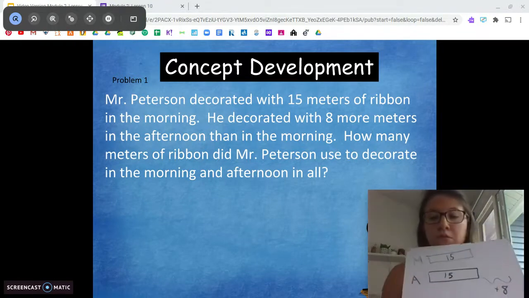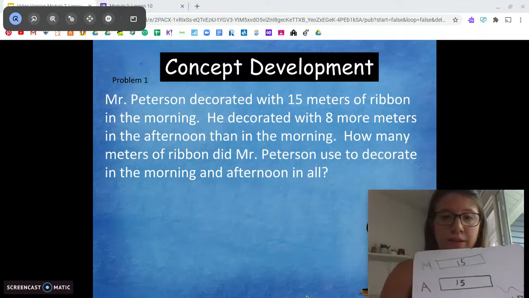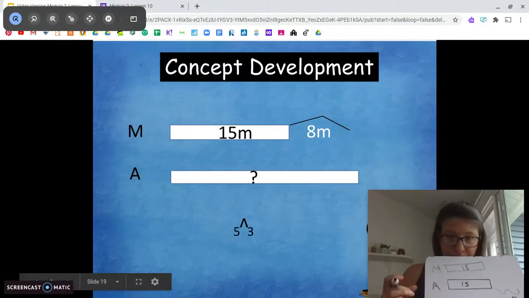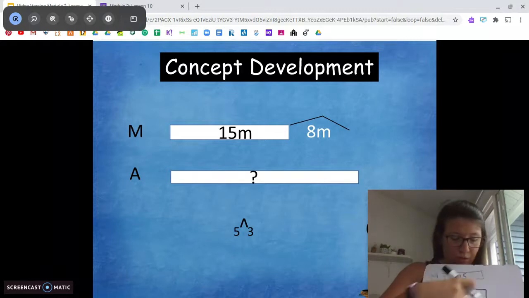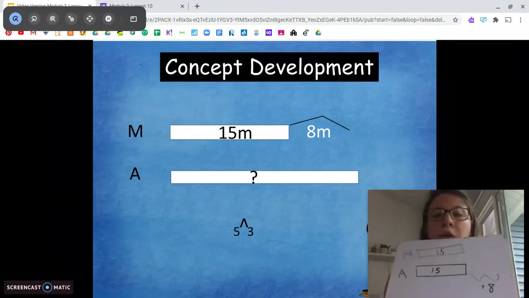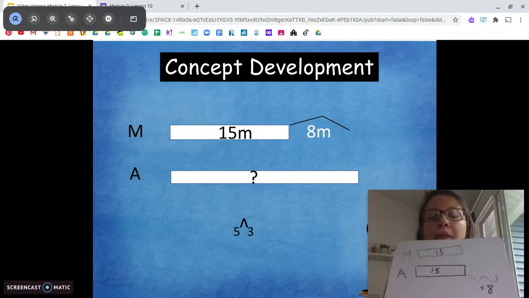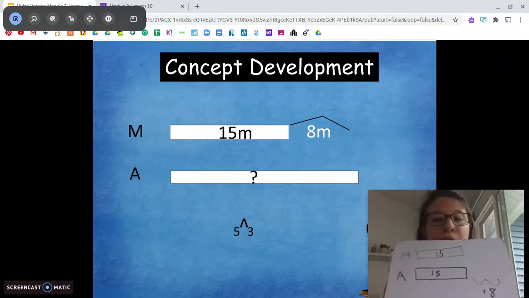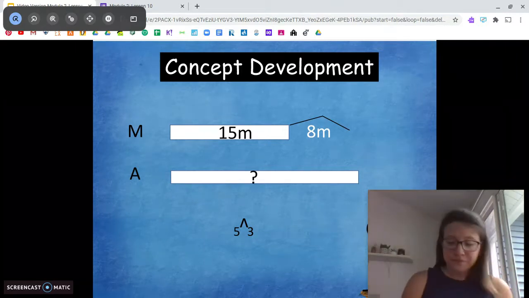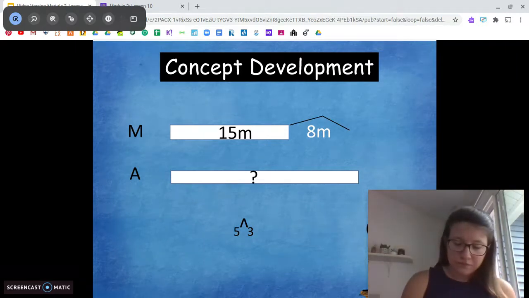Is that there? All right. So, let's look at it. We got to figure out how many he did in the afternoon. So, write me an addition sentence on your own to figure out how many meters of ribbon he used in the afternoon. I'm going to do that too.